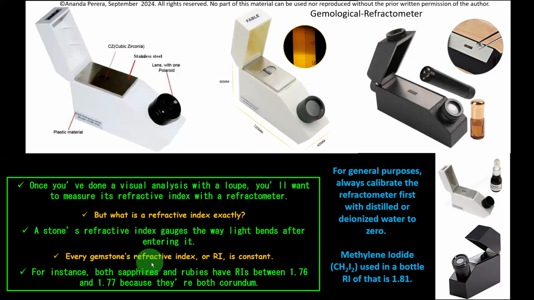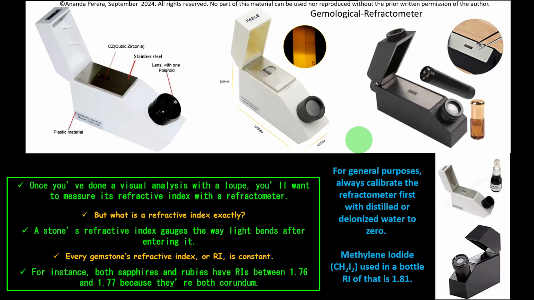Every gemstone's refractive index, or RI, is constant. For instance, both sapphires and rubies have RI between 1.76 and 1.77 because they are both corundum. So refractive index gives a unique identity for the gemstone. This is very simple and useful.